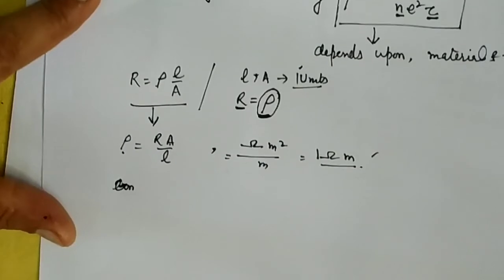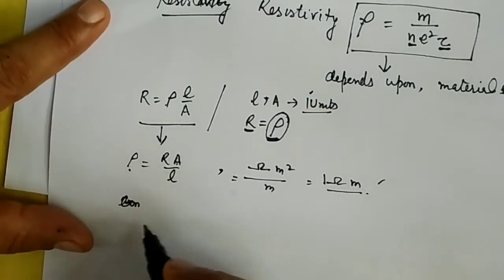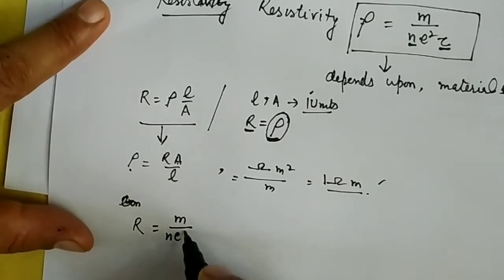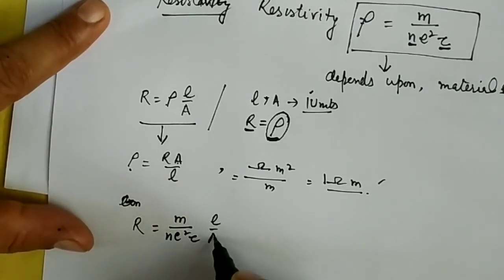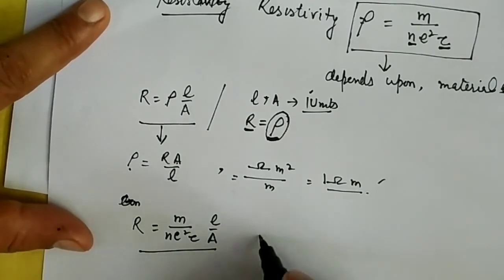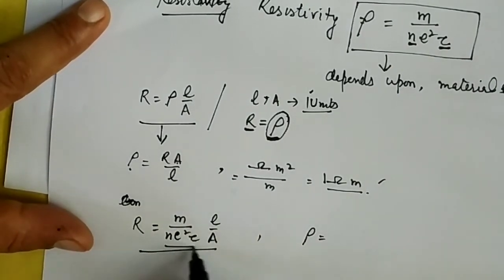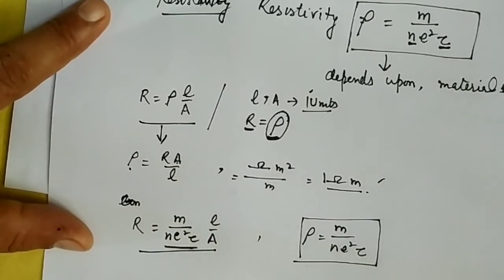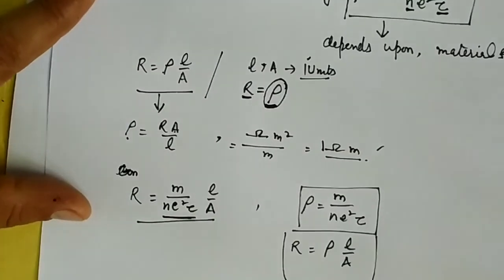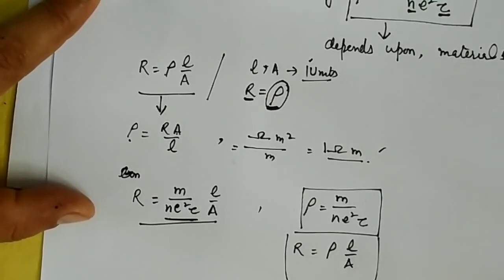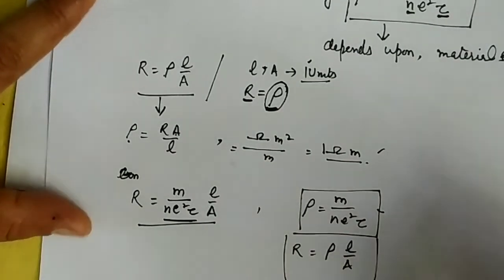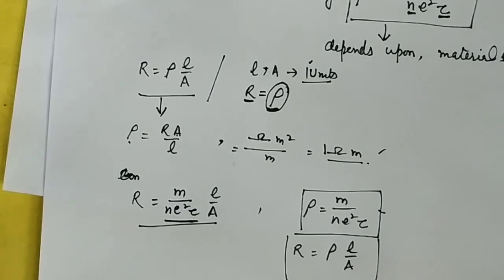From here we conclude that the resistance is equal to m L by n e square tau A, and the resistivity is m by n e square tau. You should remember this relationship, and R is equal to rho L by A. These two relations are very, very important. We should remember them, and we will use these two relationships in the next problems. Thank you.